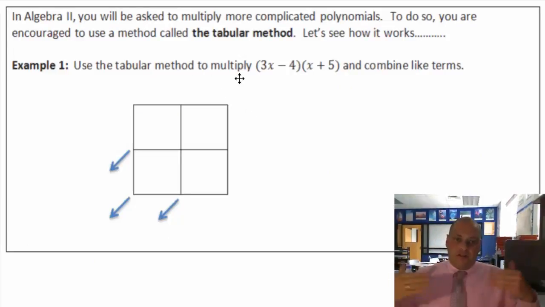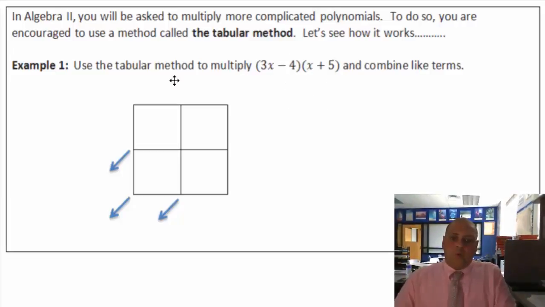What you're going to learn in this lesson is called the tabular method for multiplying. And it kind of looks like, if you learned the box area model for multiplying, it's kind of like that. Obviously it's the same box, but it's going to be just a little bit different. It's going to be where you're going to put these things. You may have done this in Algebra 1, it depends on whether your teacher did it this way or not.